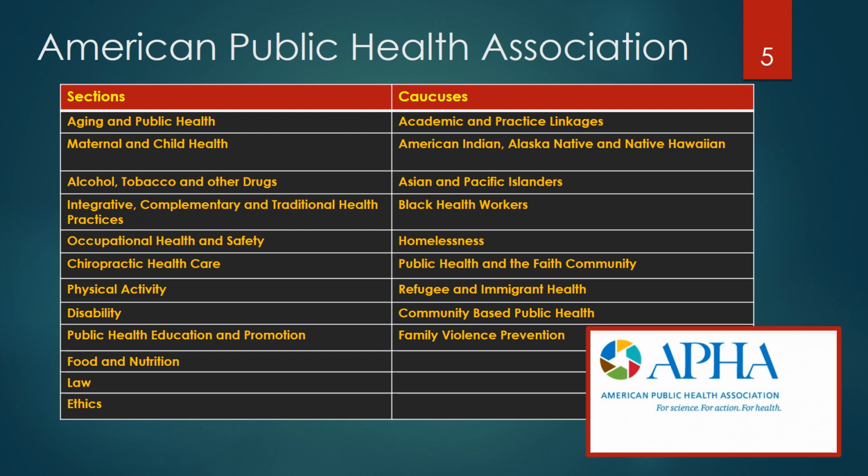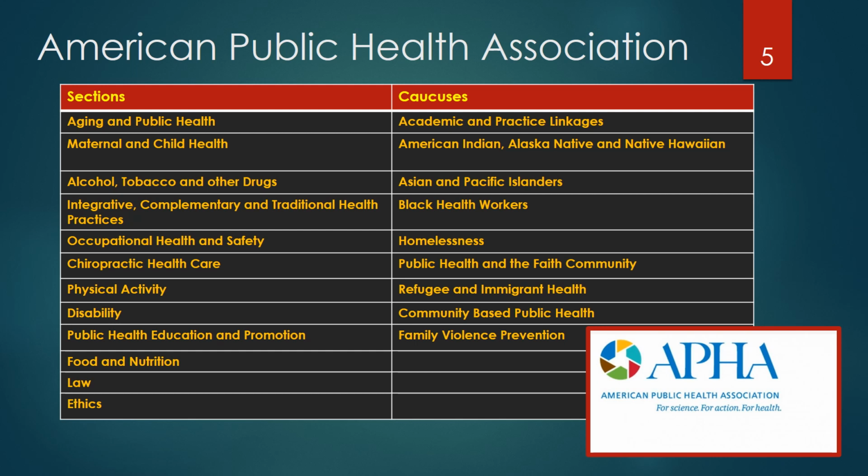For example, a recent APHA meeting in 2021 had sections on maternal and child health, alcohol, tobacco, and other drugs, integrative, complementary, and traditional health practices, occupational health and safety, chiropractic health care, physical activity, disability, public health education and promotion, food and nutrition, law and ethics.